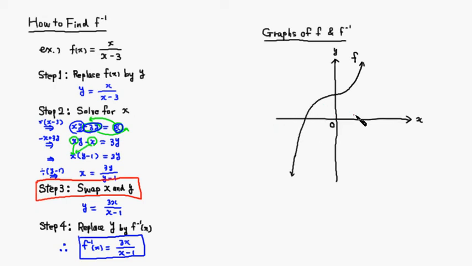So here's the x-axis, and here's the y-axis. If you switch x and y, the x-axis becomes the y-axis, and the y-axis becomes the x-axis. You can see that when you do that, you're basically flipping about this line y equals x, the 45-degree line.